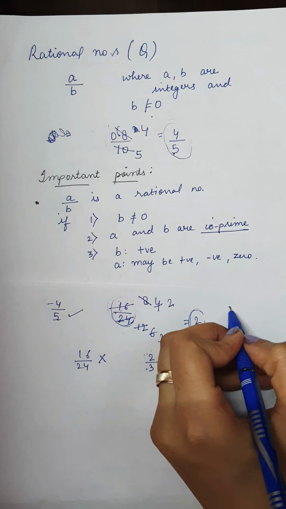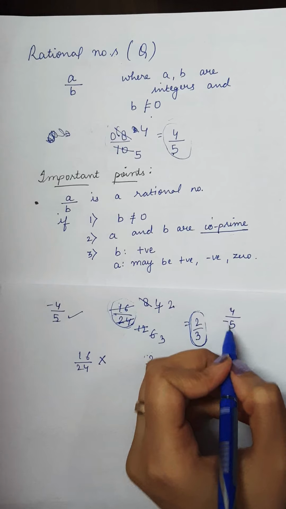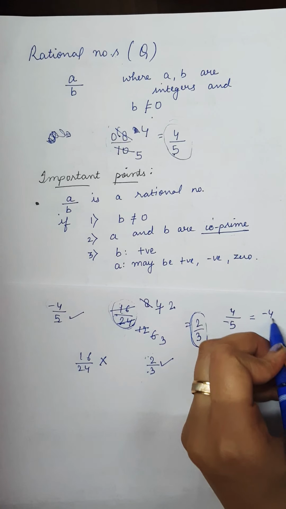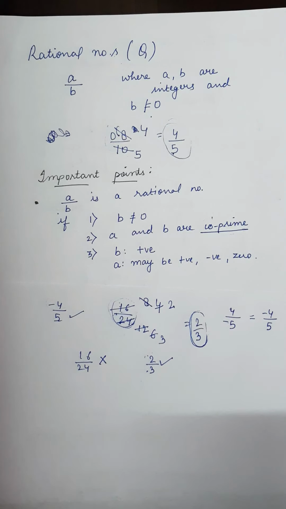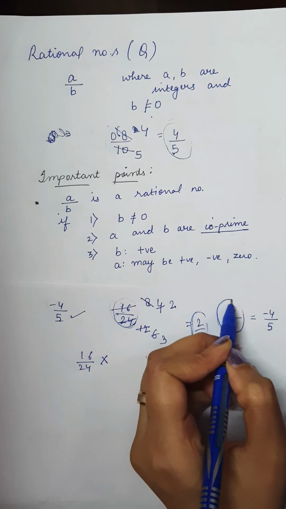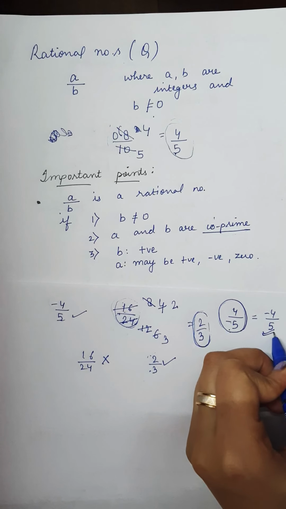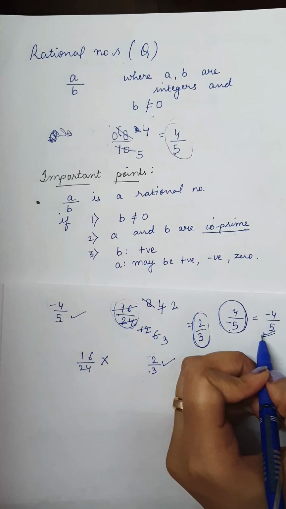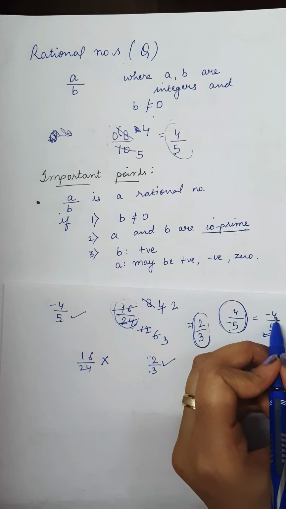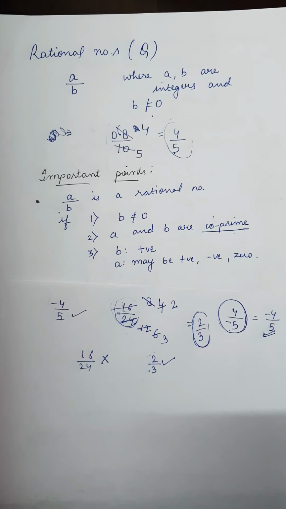If I am writing 4 by minus 5, this can be expressed as this. So both are ultimately same things, only the way of writing. This is not wrong, but this way of writing is better. We add signs only in the numerator, never in the denominator. Understand?